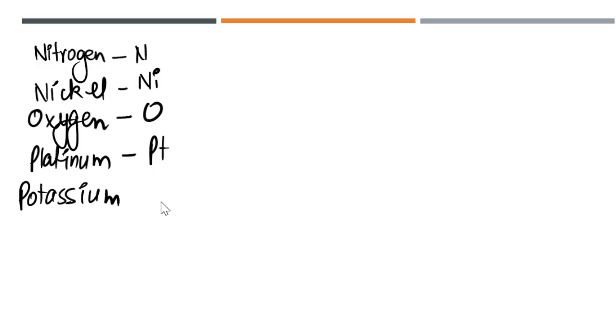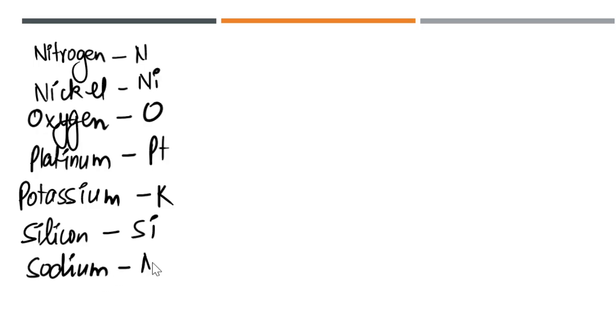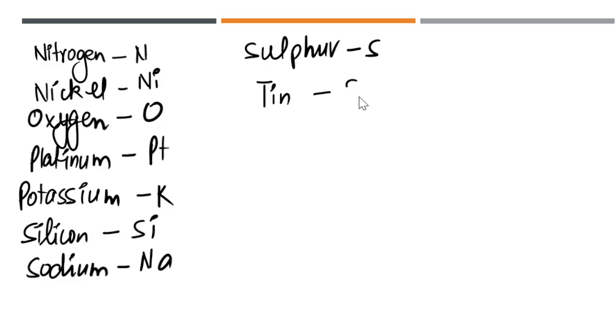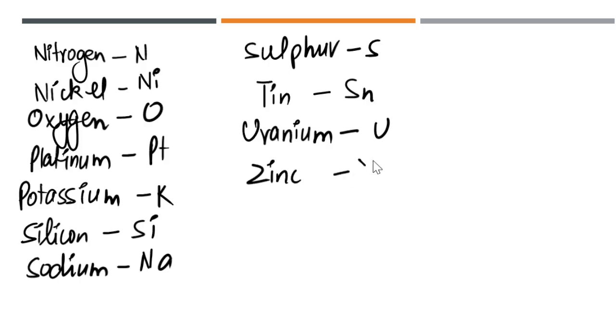Potassium, which is taken as K. Silicon, Si. Sodium is Na. Sulfur is S. Then we have tin, which is Sn. We have uranium, which is U, and we have zinc, which is Zn.